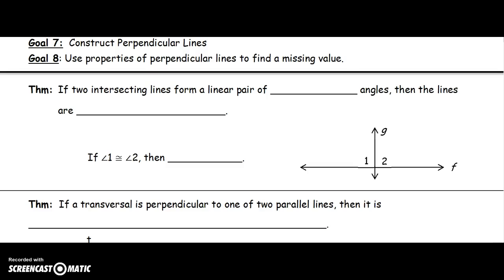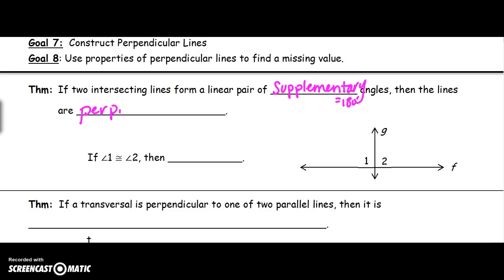The first thing we need to know is that if two intersecting lines form a linear pair of supplementary angles, which means they add up to 180, then the lines are perpendicular. So that's your definition.